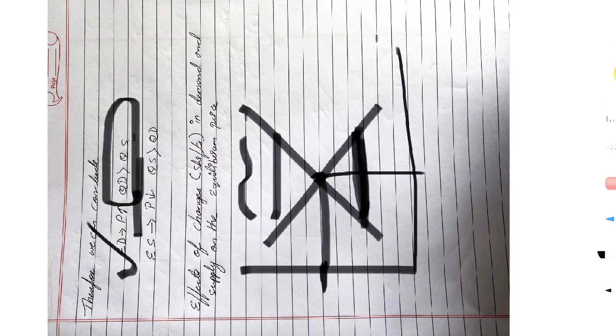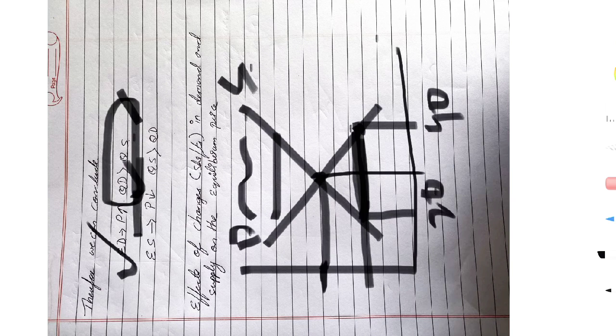Let's take here, this is your demand, this is your supply. At this point, let's say this is 40 and this is 20. So you're demanding more, supply is less. So this phenomenon is taking place where quantity demanded is more than quantity supplied.